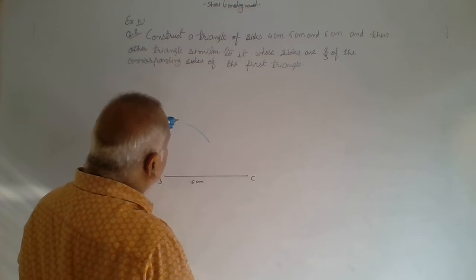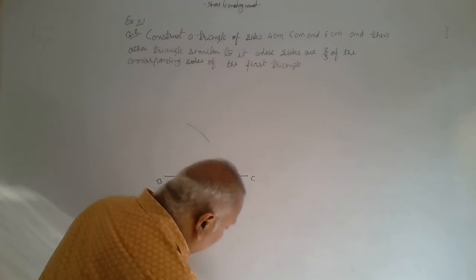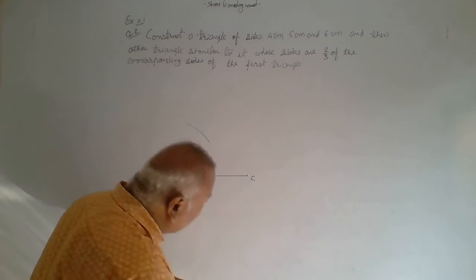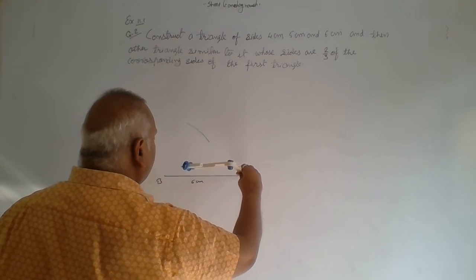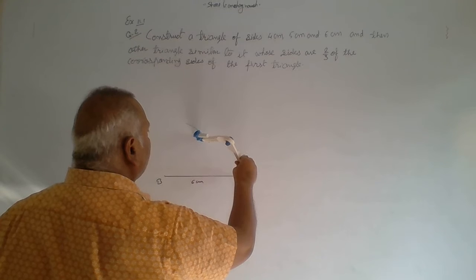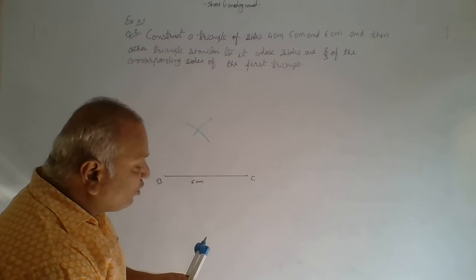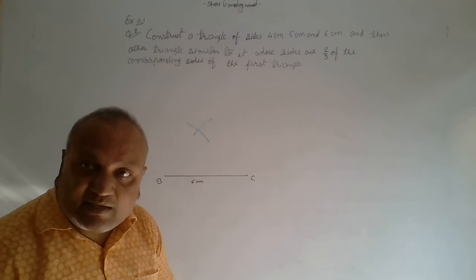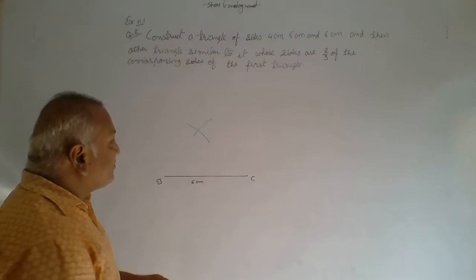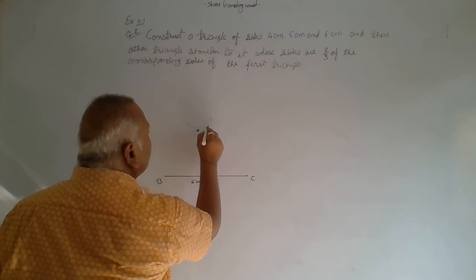You can see. Then the other side is 5 centimeter, so I will make another arc from C of 5 centimeter. You can see both the arcs cut at a point, and that point we consider as A.